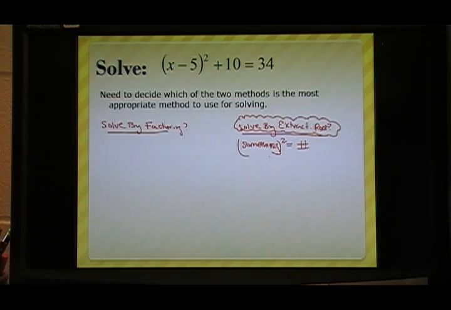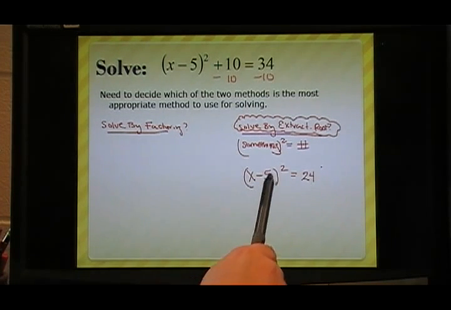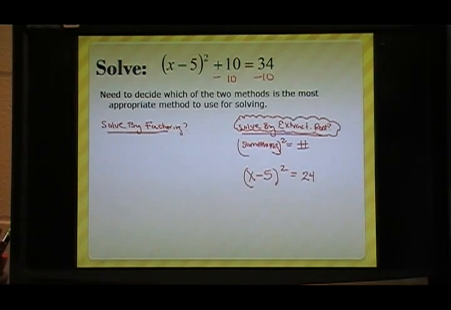Okay, so if I subtract 10, then I'm going to have x minus 5 quantity squared equals 24. So once you have something squared equals a number, then you can take the square root of both sides.